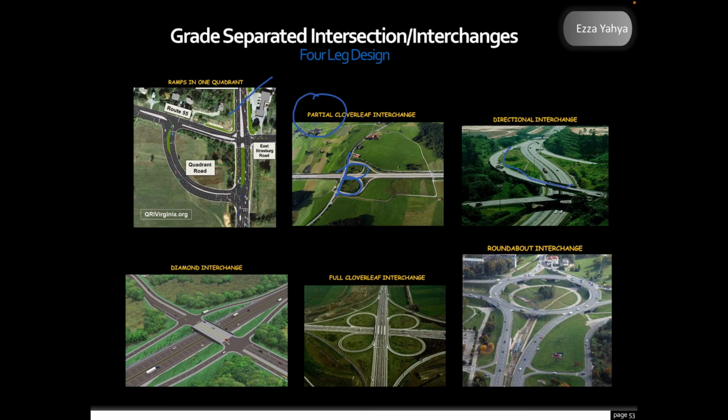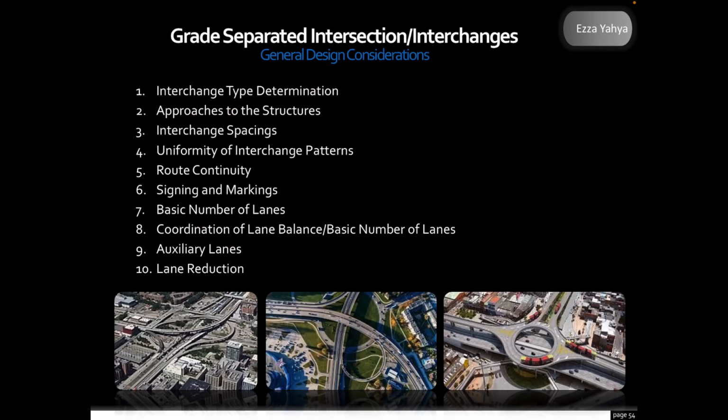Directional interchange. Diamond, like there is a diamond here. This is a diamond one. The full cloverleaf, this one is partial, and this is the full one. It has two sides. This is a roundabout interchange. All of them have different elevations.